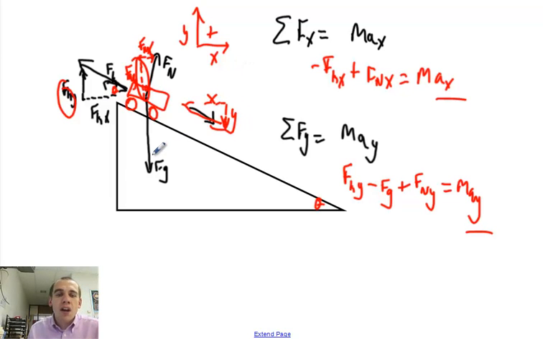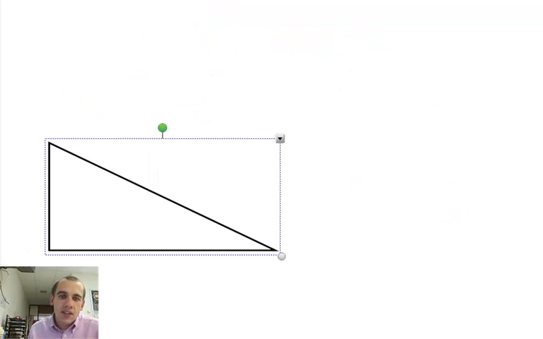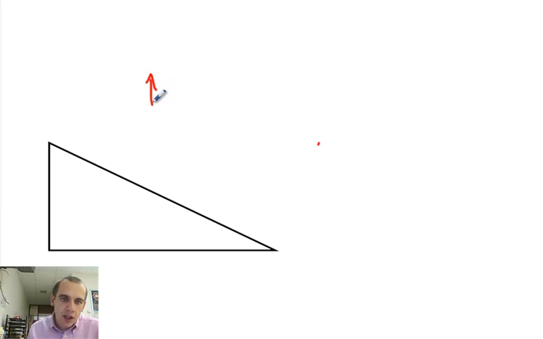Well, we can make this problem a whole lot simpler if we choose a direction in which the acceleration is. Last time I drew x and y like this, with my positive x value here and my positive y value here. If instead I draw my reference frame to be parallel and perpendicular to the surface, it changes what has components and what doesn't.